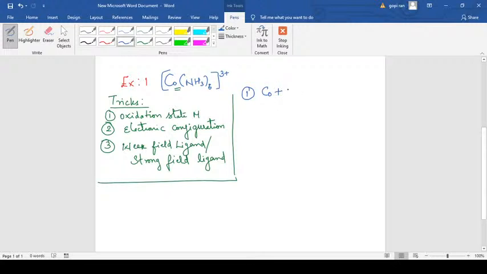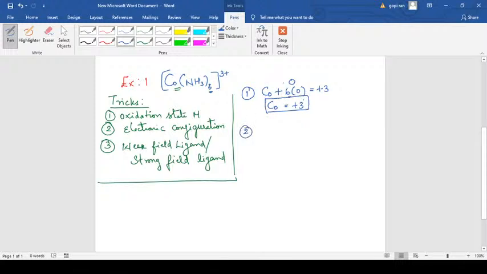Ammonia is a neutral ligand, so its value is 0, which is equal to plus 3. The 6 is related to the 6 ligands. So what is the oxidation state of the cobalt? 6 into 0 is 0 only, so it is plus 3. Oxidation state of the cobalt is plus 3. So first one is over.